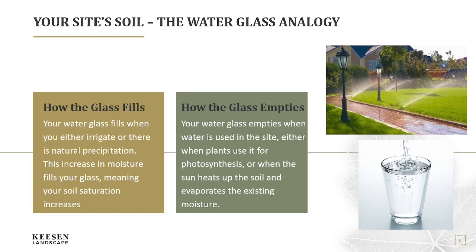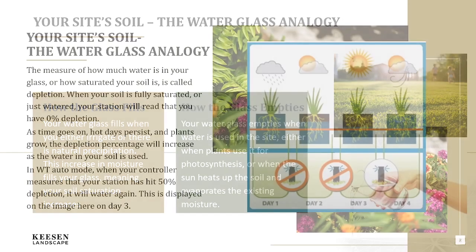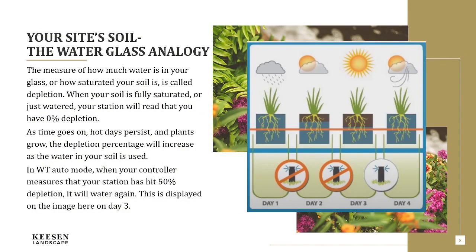We fill our glass with irrigation, increasing how much water our soil is holding or its field capacity. Then, as water gets used by either photosynthetic processes or evaporation from the sun's heat, again, evapotranspiration or ET, the field capacity of water in the soil decreases. The measure of how much water is in your glass, or what the field capacity looks like, is called depletion.